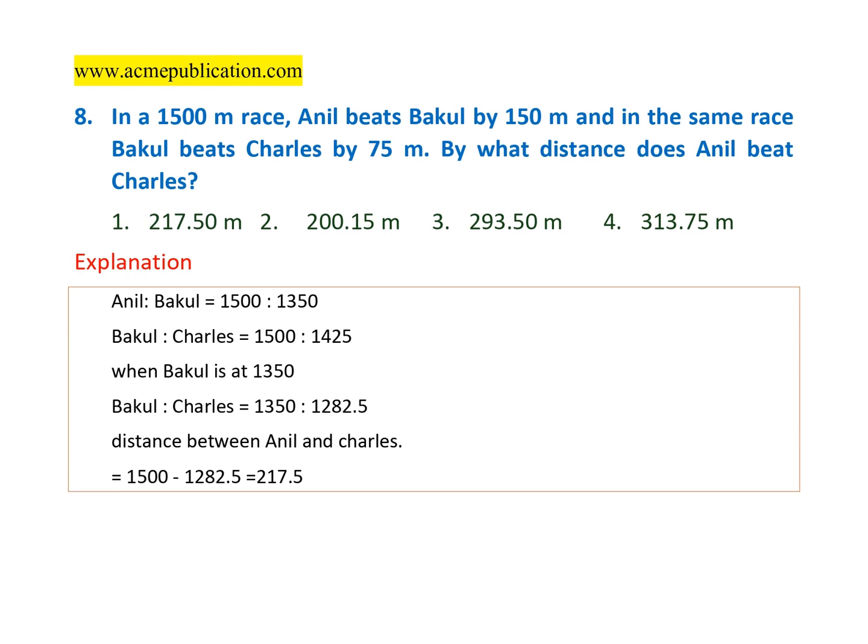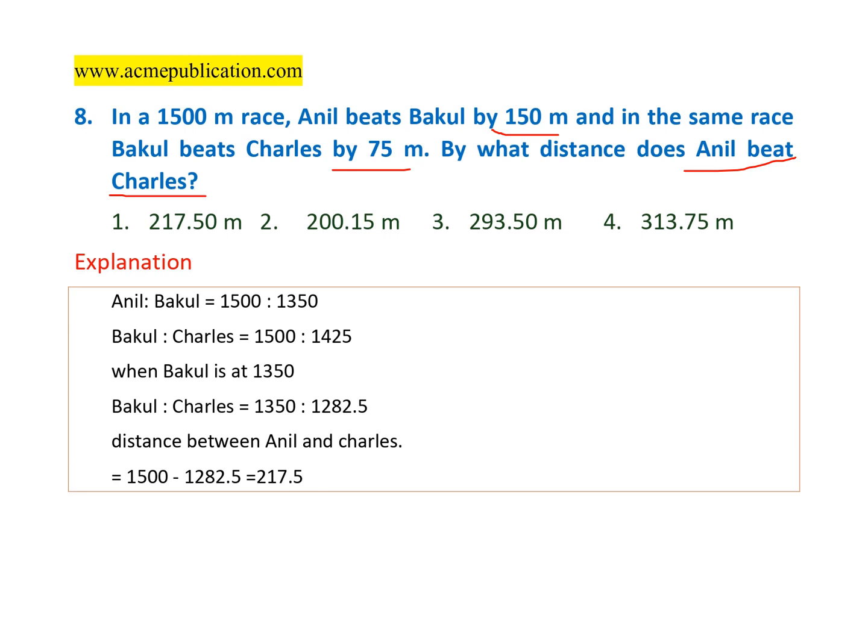Question 8. In a 1500 meter race, Anil beats Bakul by 150 meters, and in the same race Bakul beats Charles by 75 meters. By what distance does Anil beat Charles?